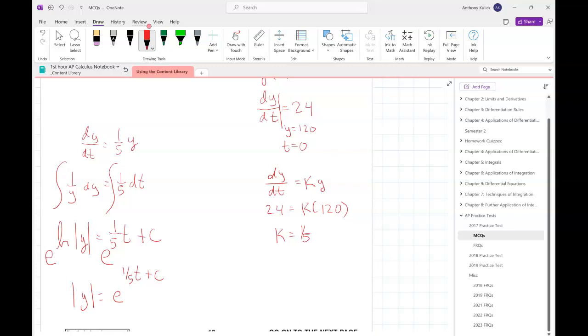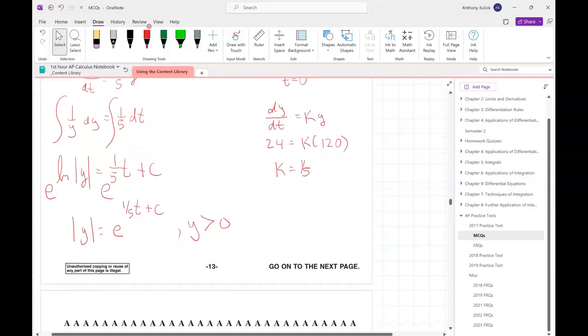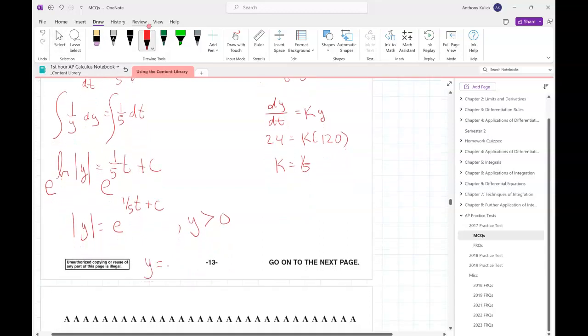And since it's talking about a population of yeast, I know the population has to be greater than 0, so I can drop the absolute value. Using my rules for exponents, I know that addition inside my exponent is the same thing as multiplication of exponentials with equal bases.